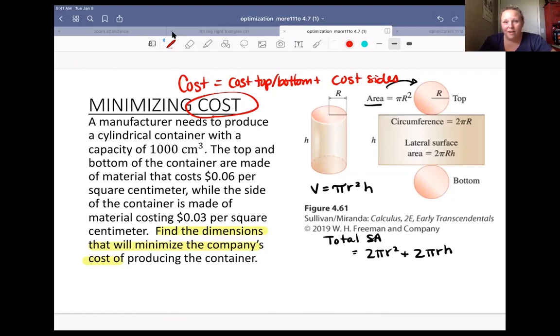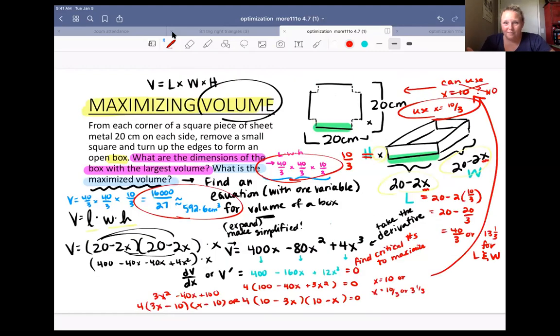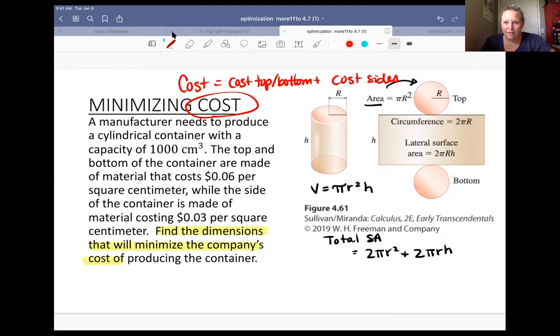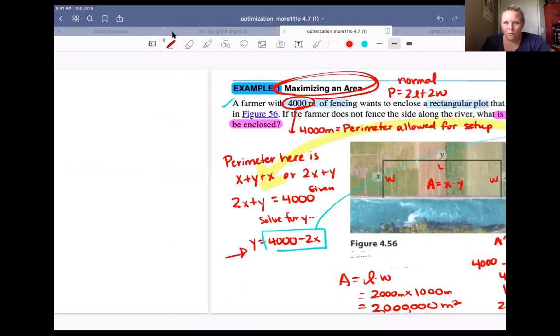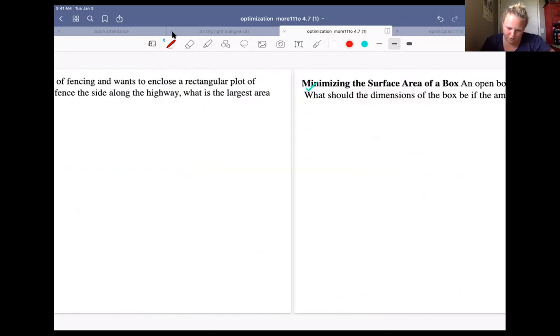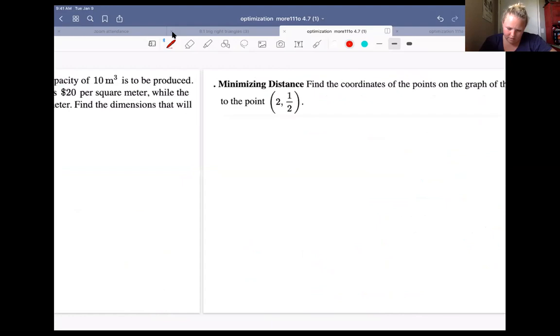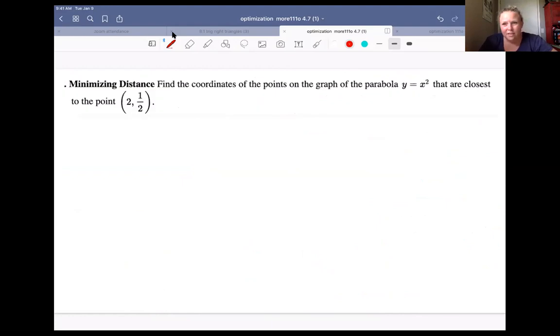So they're very formula based. Even the one with the square in the box was a volume problem. This one will be volume, surface area, rectangles. We have a few that are going to use the distance formula. I don't know if you guys remember the distance formula, but we'll talk about it.